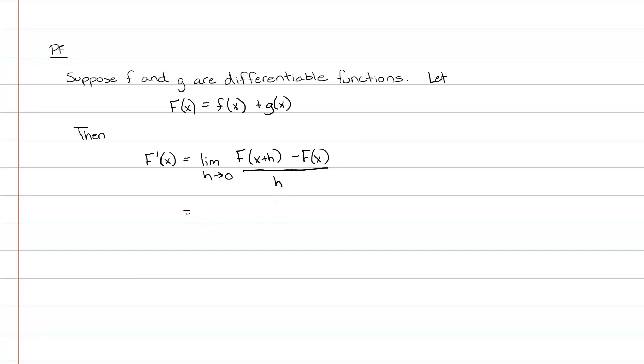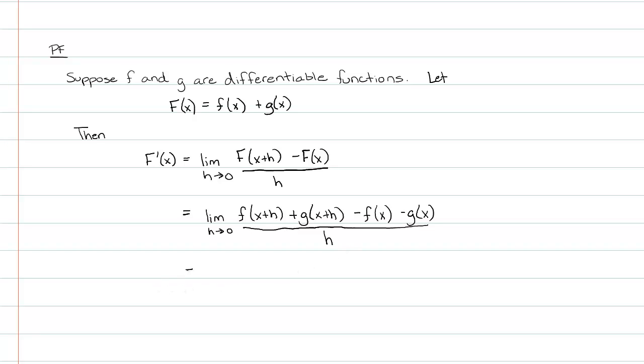And of course, if we were to plug x plus h into our capital F function, we would get little f of x plus h plus little g of x plus h, and then minus, now we're going to subtract off that function evaluated at x, so minus f of x minus g of x. Remember, we're subtracting both those sub-functions. And that's all over h.